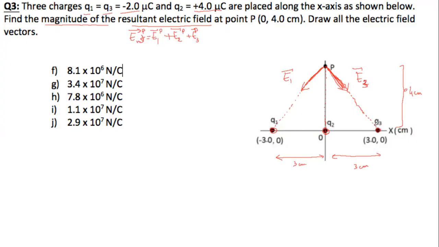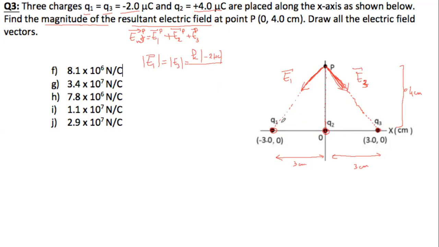Electric field created by charge. Do we all agree that E1 in magnitude is the same as E3 in magnitude? It's equal to K, the absolute value of minus 2 microcoulomb, which we put in coulomb, divided by the distance squared. What is this distance squared?